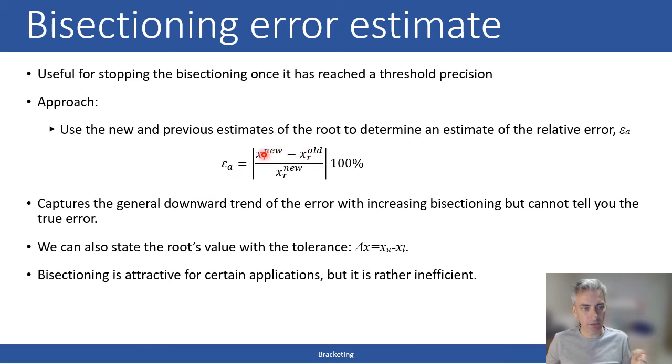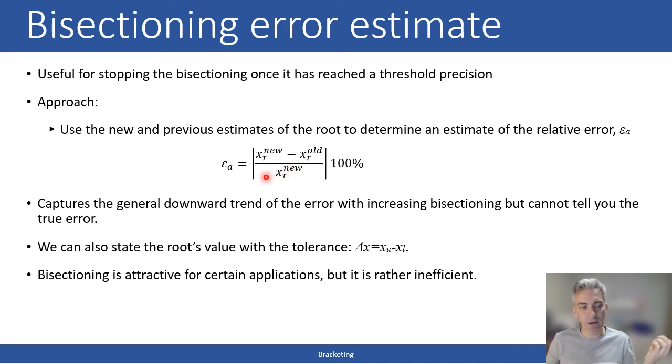So here is one method to calculate the error. We can look at the new root and compare it with the old root. So we calculate this change in going from the previous iteration to the new iteration, and then compare that to the actual value of the new iteration, and this will give us a percentage error in the estimate of this new root.